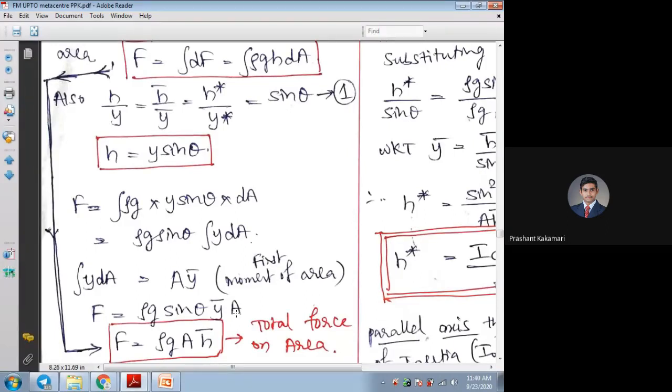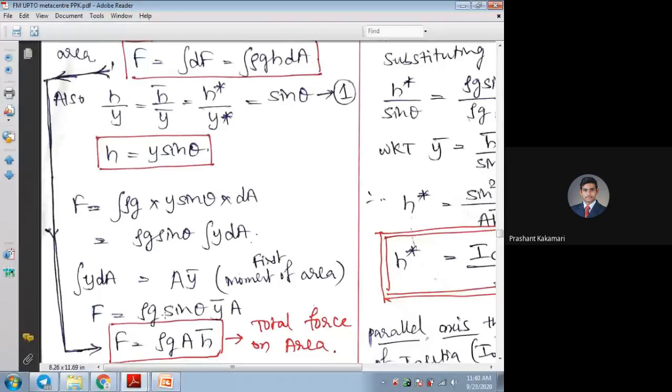Or if you want to write it in terms of h, again replace this y bar. Here sin theta into y bar is equal to h bar from the above equation. In the first equation, I can write sin theta into y bar as h bar. So in terms of h bar, I can write F equal to rho g A h bar.